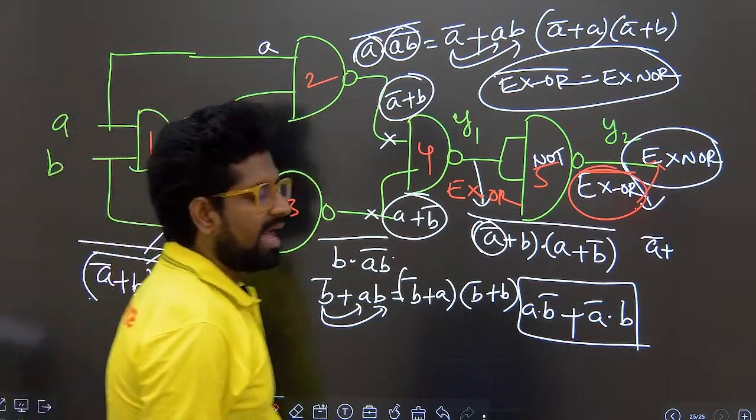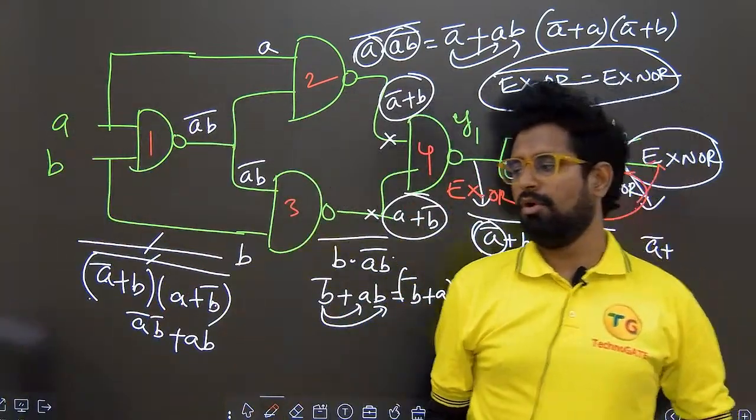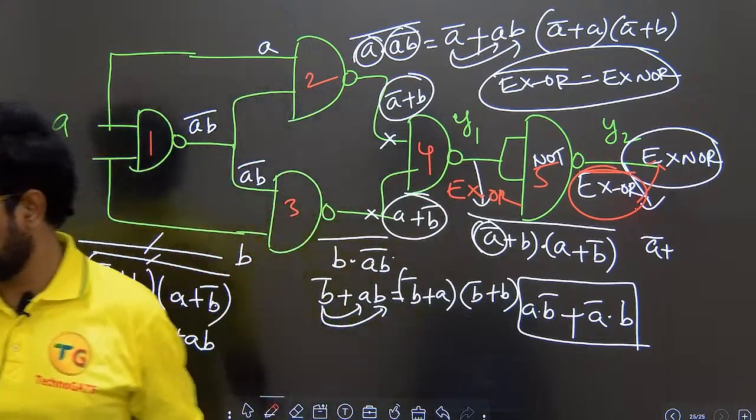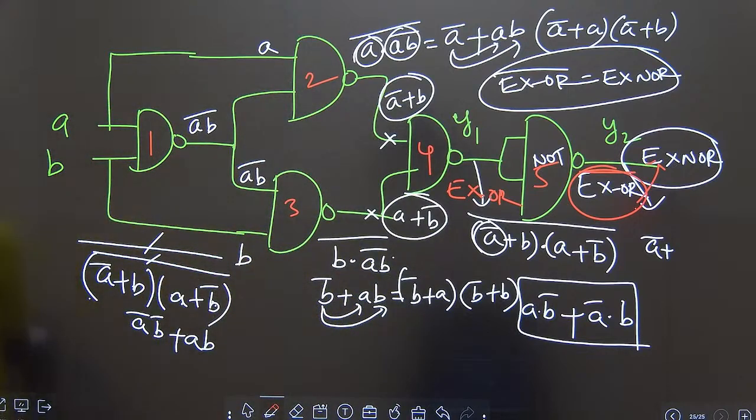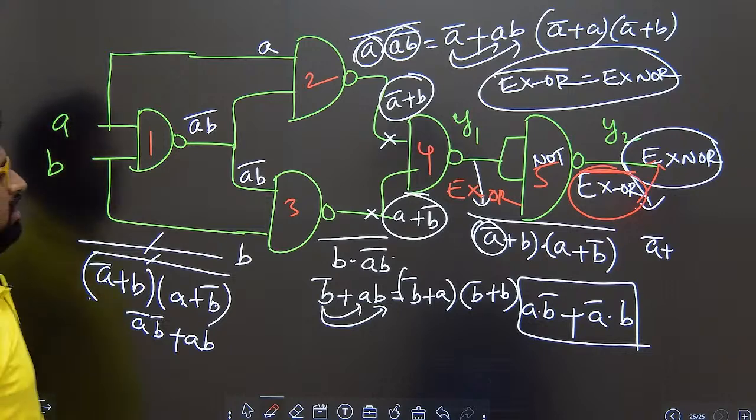So by using NAND alone, I am able to construct all the remaining circuits. Hence this NAND gate is known as what? Universal circuit. Now let us discuss the next one, which is the NOR gate.